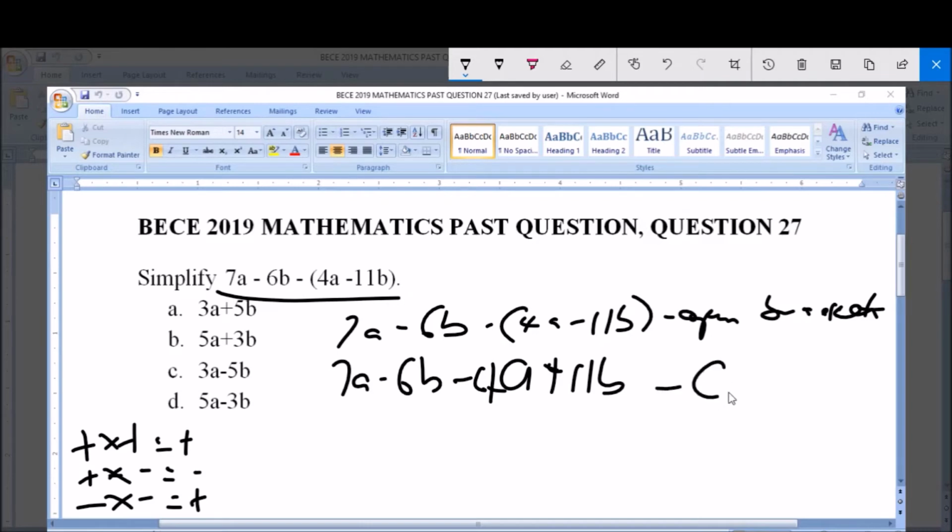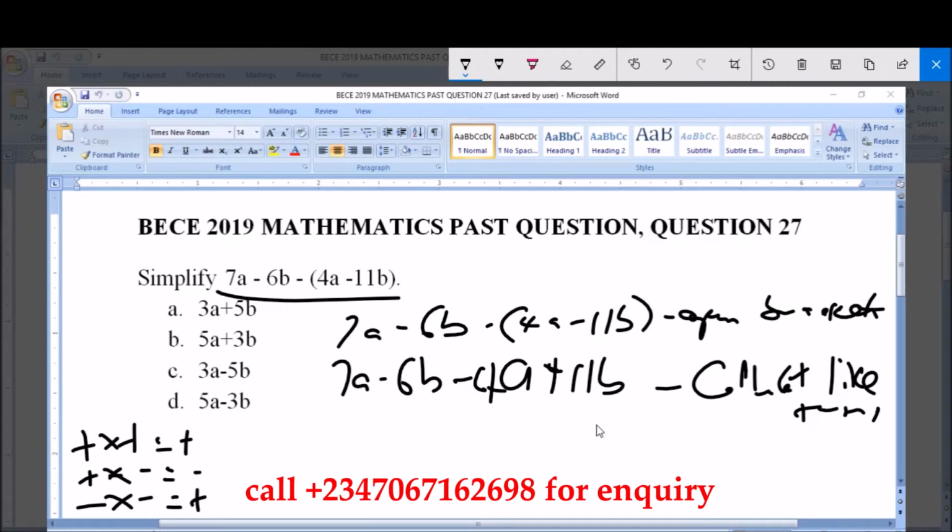Now the next step here is to collect like terms. Now how do we collect like terms? Collecting like terms simply refers to arranging these numbers into their respective like, because you have a and you have b here.